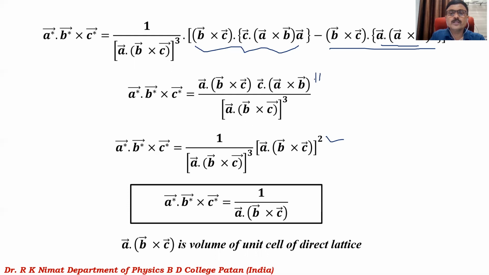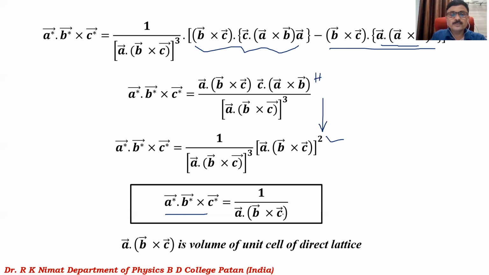So solving this, you will get a square term. This square term will get cancelled with this, and it will remain only as vector A star dot vector B star cross vector C star, which is nothing but the volume of the unit cell in the reciprocal lattice, equal to 1 upon vector A dot vector B cross vector C, and this vector A dot vector B cross C is nothing but the volume of the unit cell in the direct lattice.